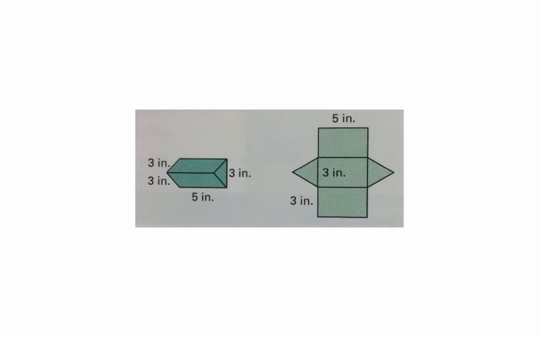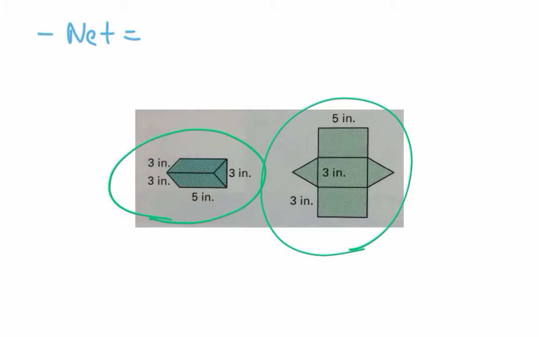So this here, does anyone remember what the object on the right is called? Nice, the net. So that's going to be our next definition, a net, and that's what we were doing at the very end of chapter 8. Where a net was like the unfolded 3D object. If I took this here and, if it was made out of paper, cut the edges of the paper and unfolded it, it would give us the object here on the left.